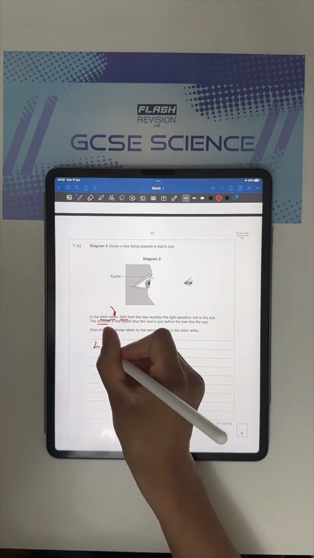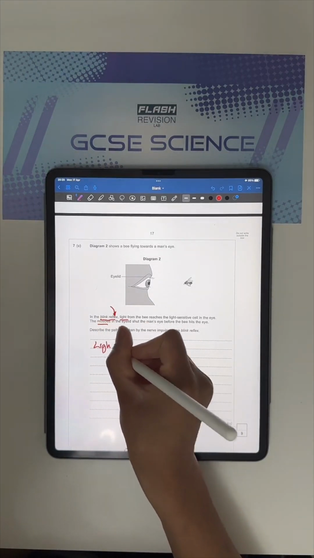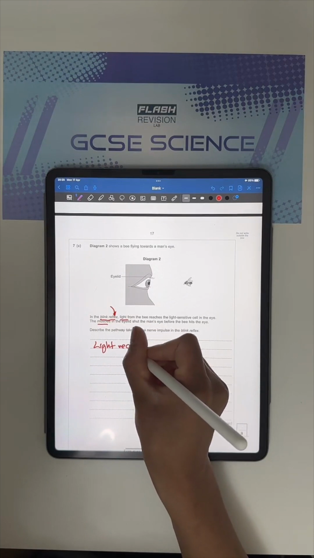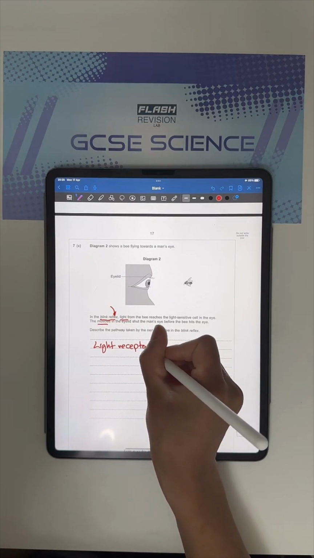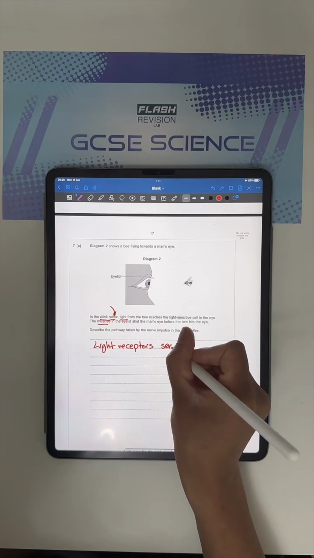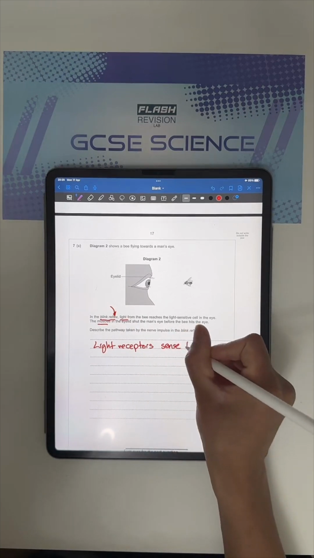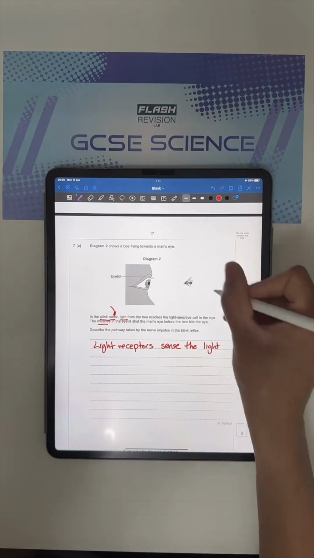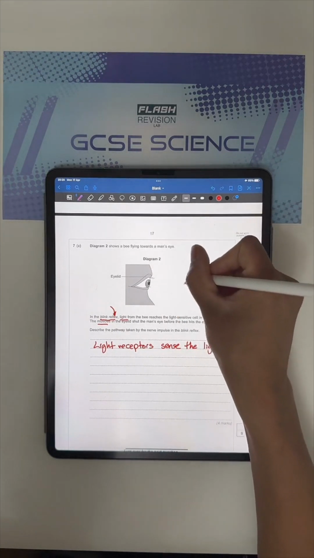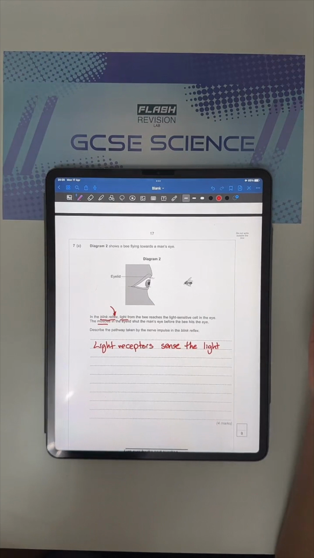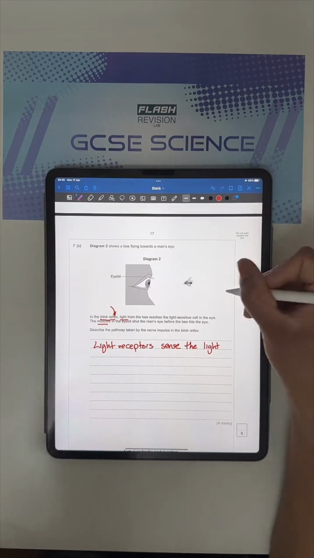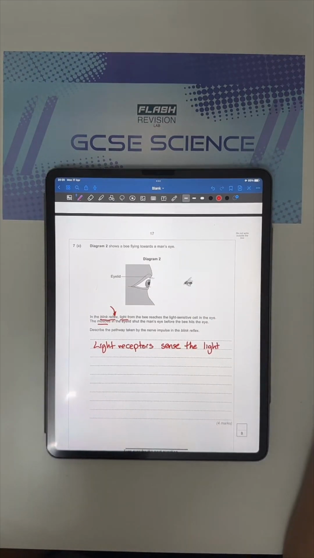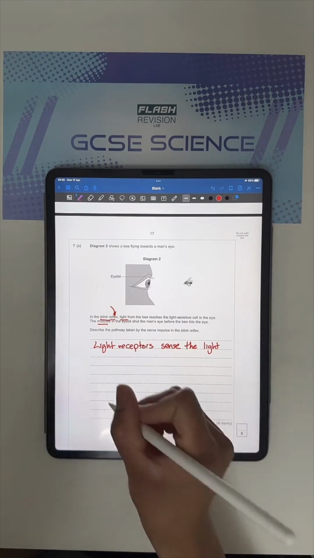So what happens? The light receptors sense the light. So basically it senses the light coming off a bee, isn't it? Yeah, the light coming off a bee. And then that message goes through the next stage.